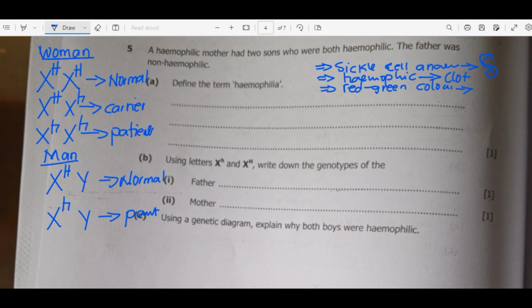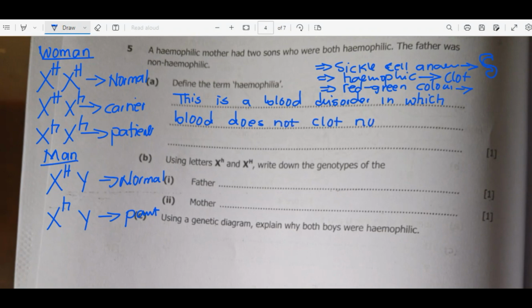A, define the term hemophilia. So we'll say this is a blood disorder in which blood does not clot normally, due to insufficient clotting factors.